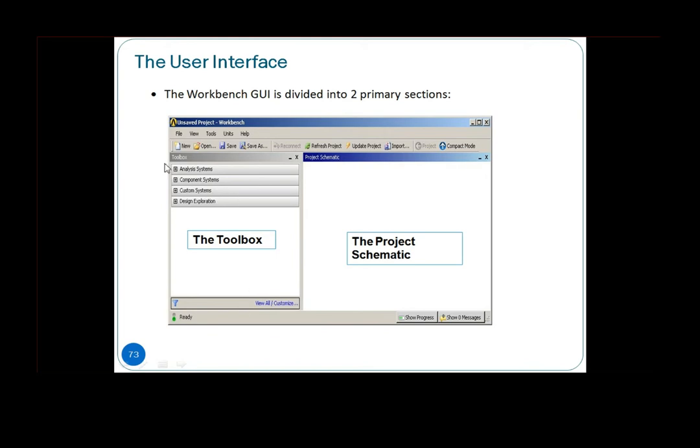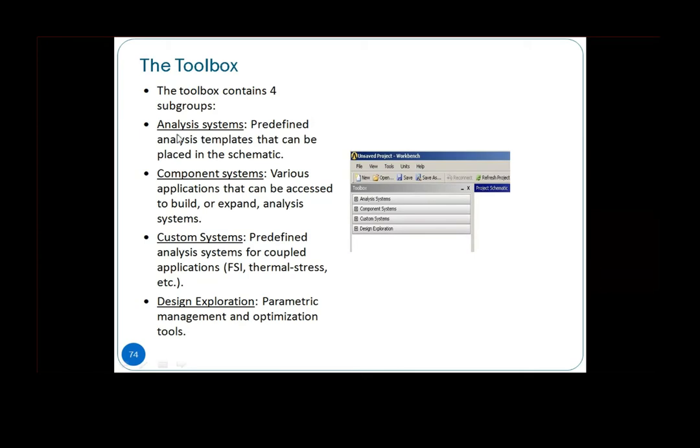Under the toolbox, you will see subgroups: analysis systems, component systems, custom systems, and also design exploration. When we are talking about the main parts, like static analysis and dynamic analysis, usually they can be found in the analysis systems. These are all the predefined analysis templates that can be placed in the schematic.